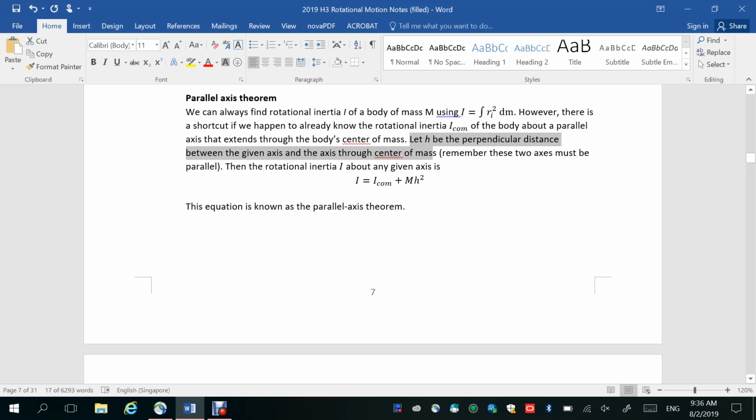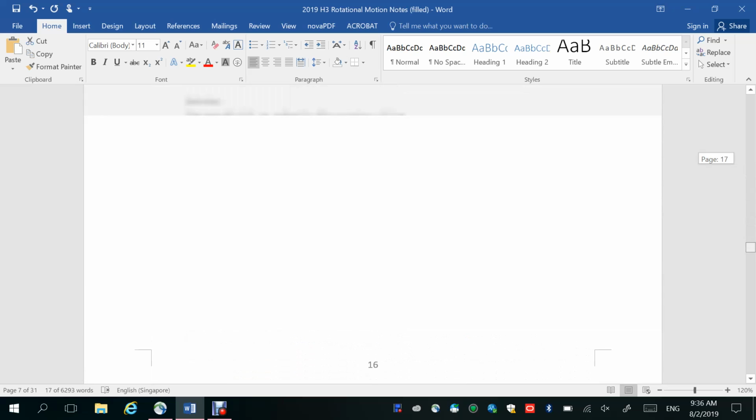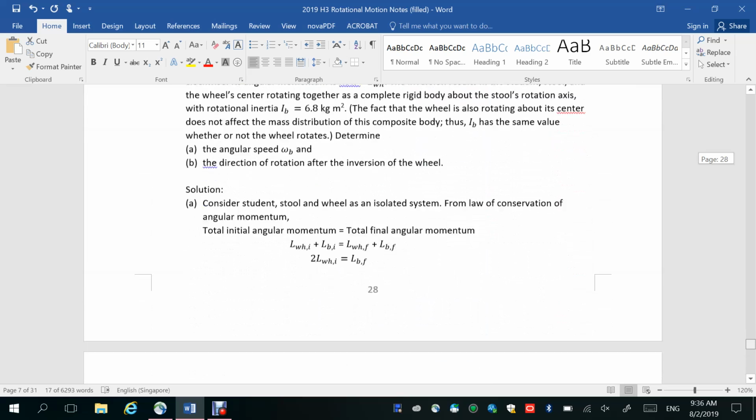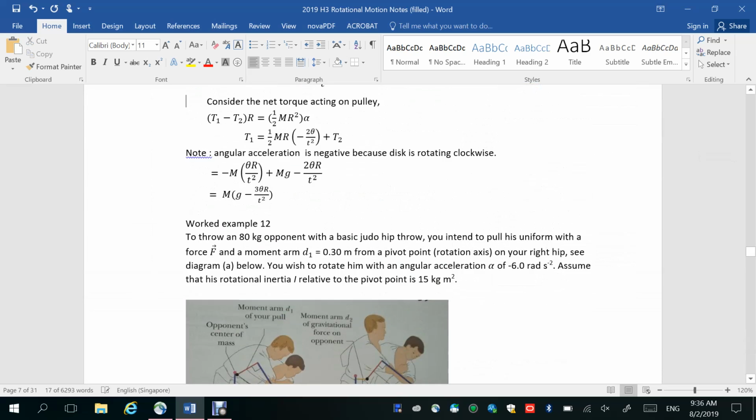So if you recall, in the last lecture, we took a look at page 30. So I'll bring you there now. This is the one, table 2.